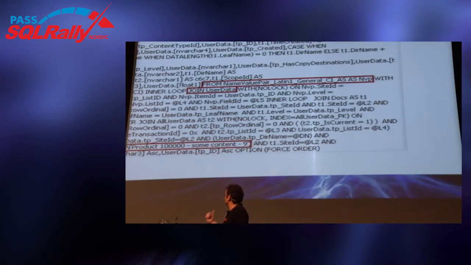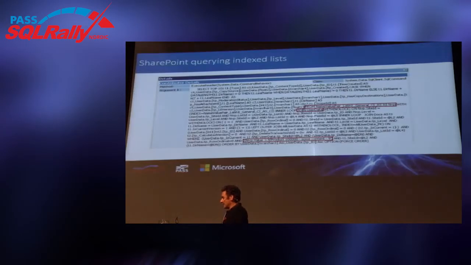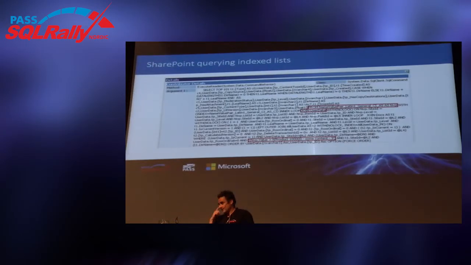If you define a view, or if you use the SharePoint object model with a CAML query, you will always use the name-value pair in a join. It has quite a lot of overhead. Every time you add an item to your list, they will add an entry to this second table also. And when it's edited or deleted, it will have to maintain 2 tables instead of just 1.